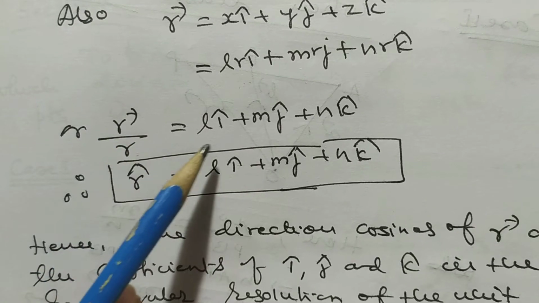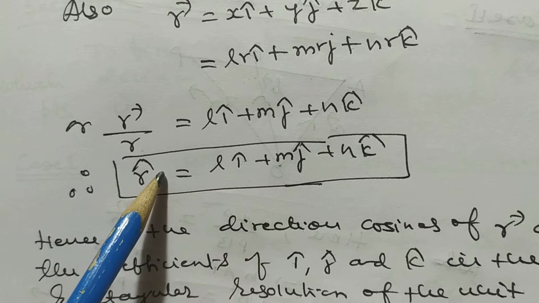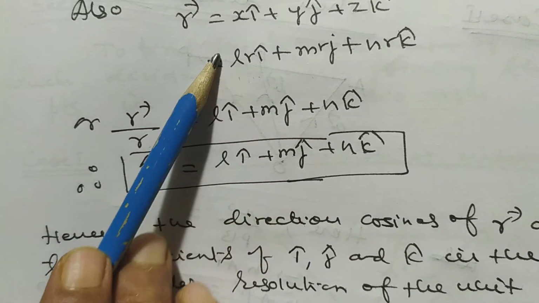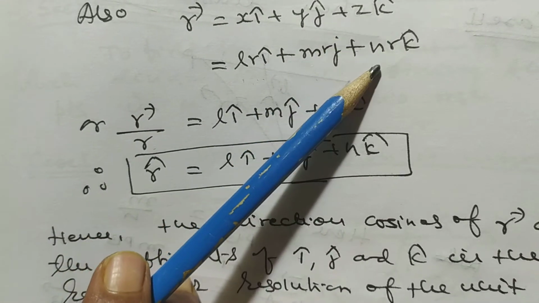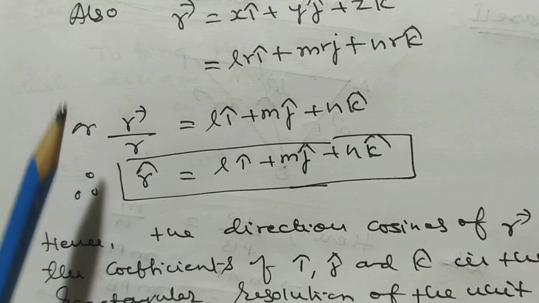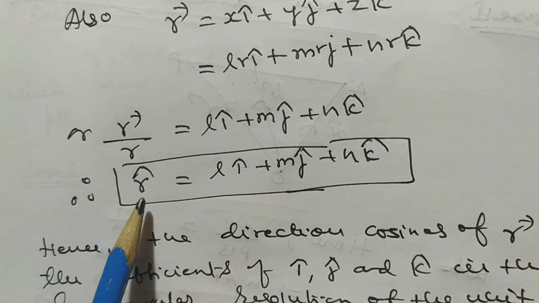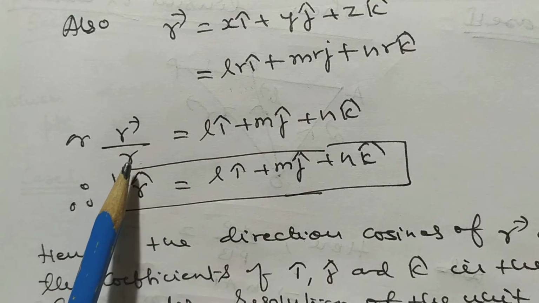vector R by R, which is the magnitude of R. We put LR instead of x, MR instead of y, NR instead of z, and divide both sides by R. Then what do you observe? On the left side, it is a unit vector: vector R divided by its magnitude.